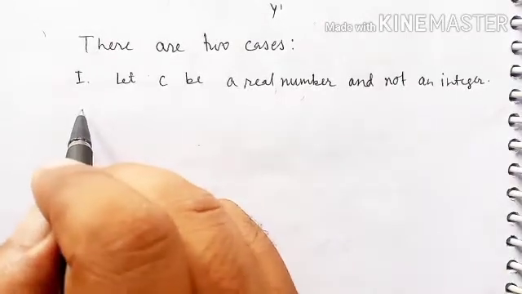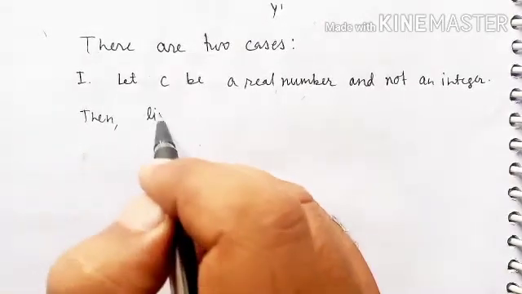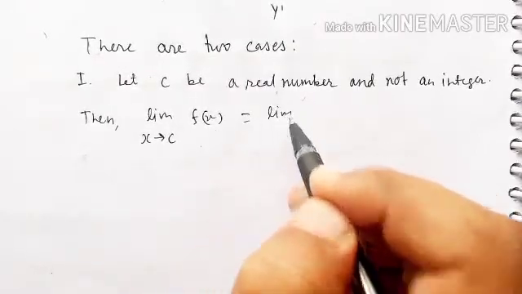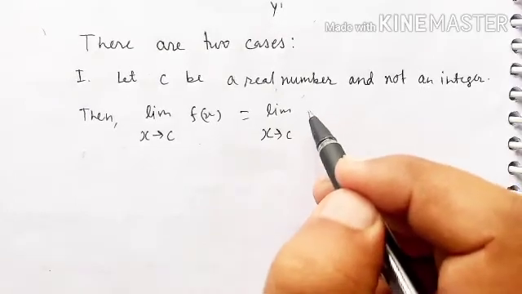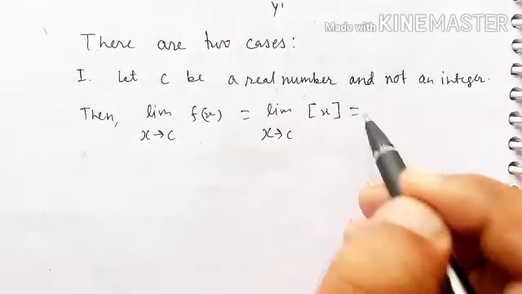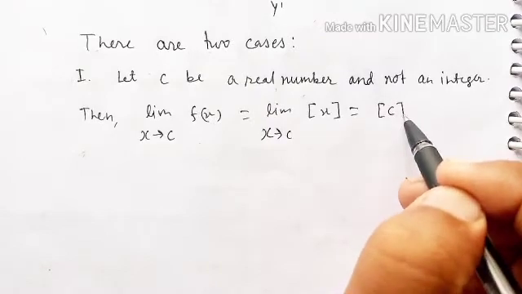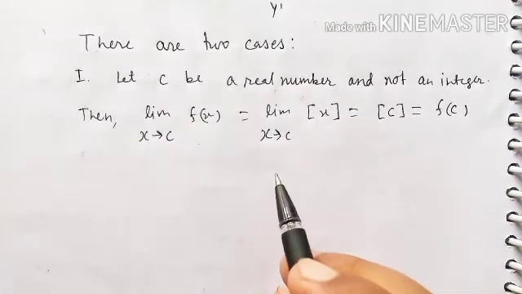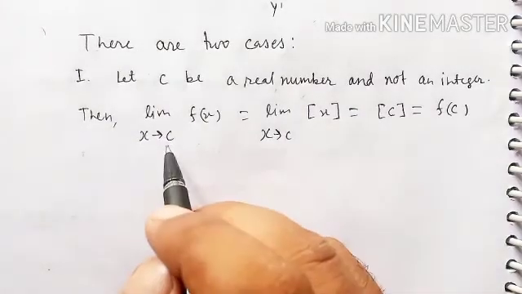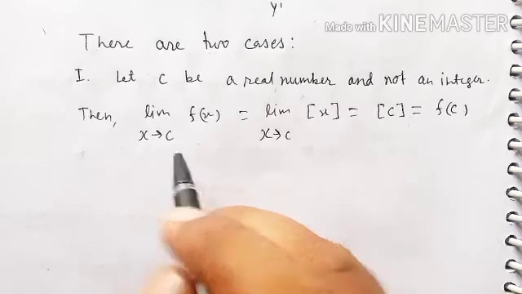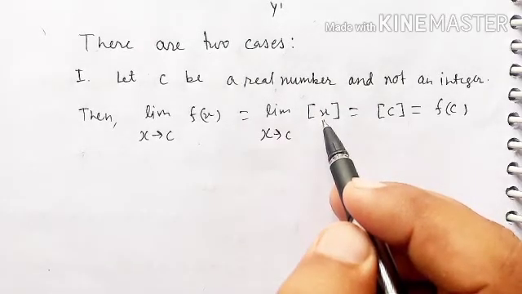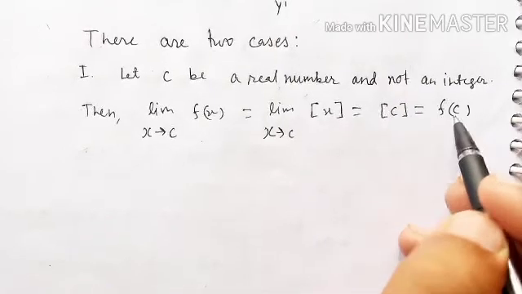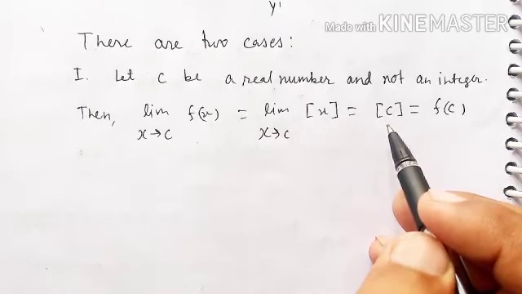Then limit x tends to c of f(x), which is the greatest integer x, is the greatest integer c, which is f(c). You can verify this using an example. Suppose you take c as 1.5, then the greatest integer of 1.5 is 1, and this is also f(c). f(c) means greatest integer c, which is 1.